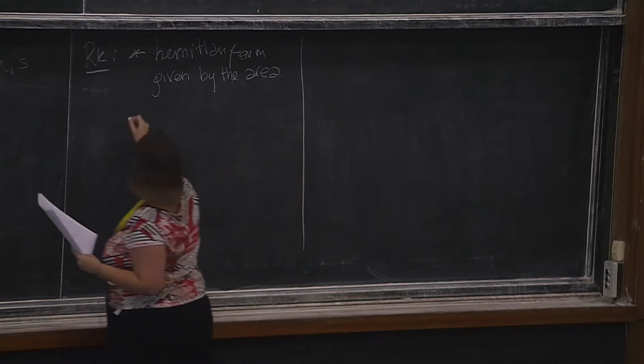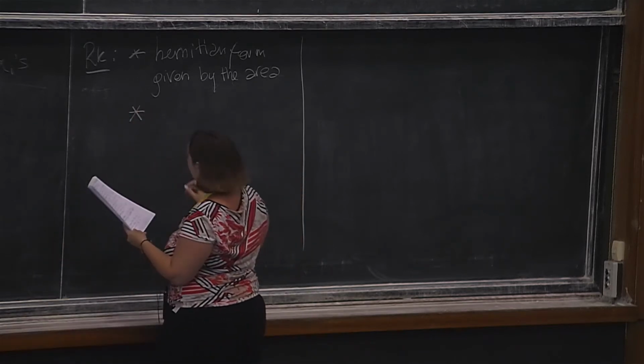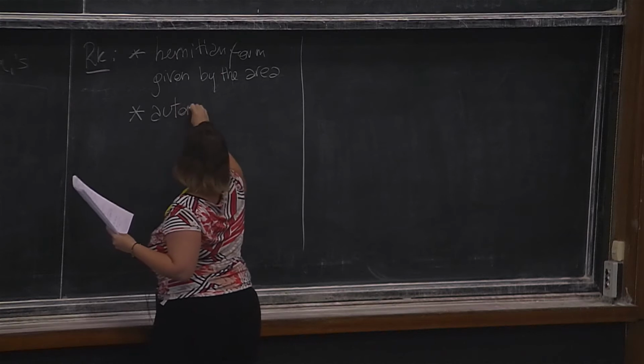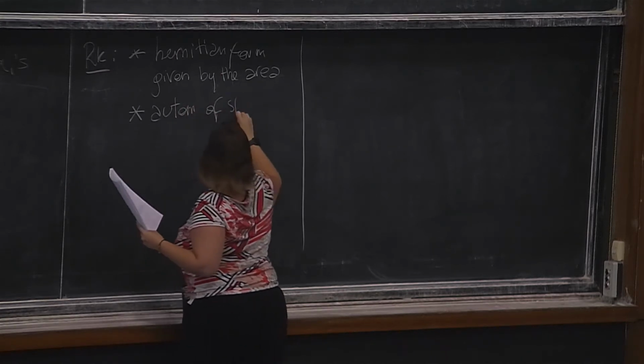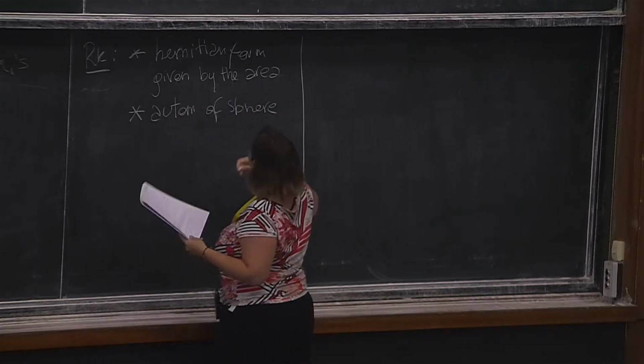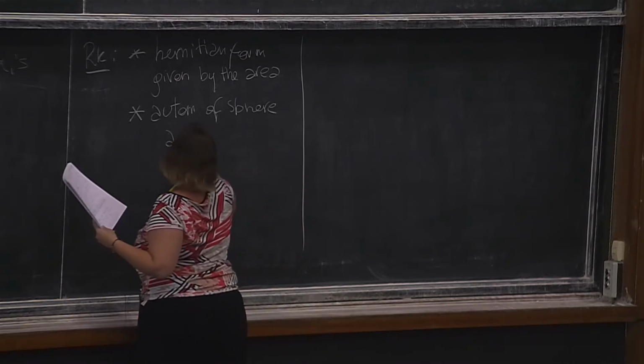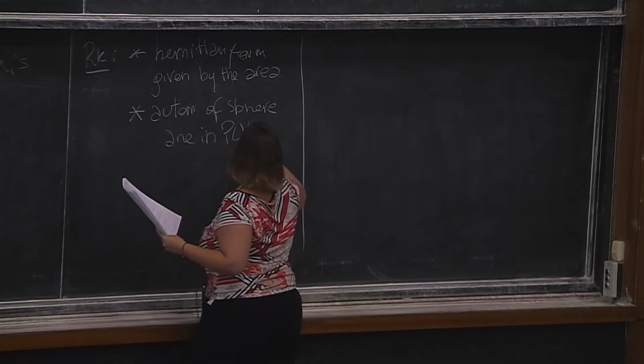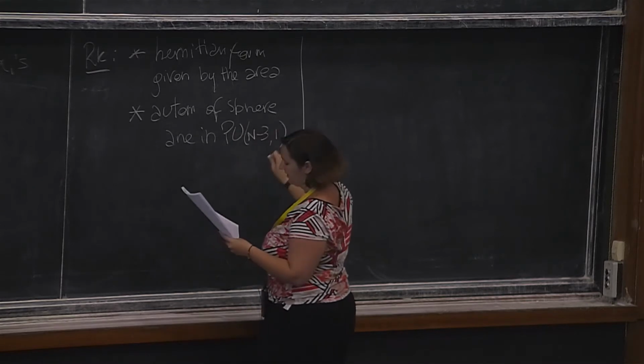And so automorphisms of the sphere, since they preserve the area, are in PU(n-3, 1).